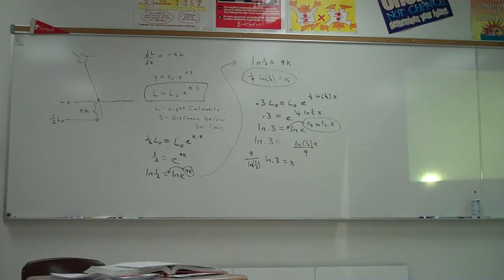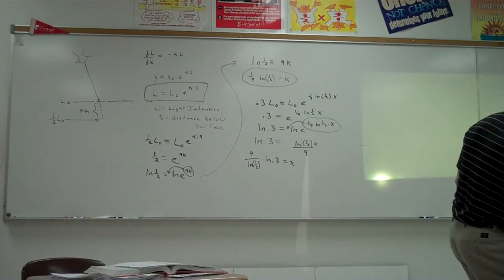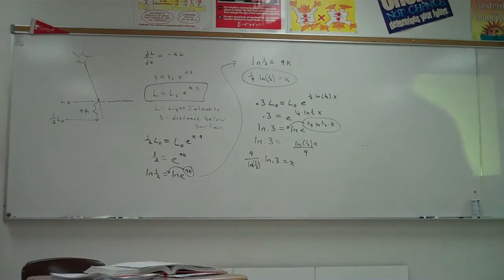So if you type that in on your calculator: 9 divided by natural log of half, I'm just going to use 0.5, times natural log of 0.3, 15.633.